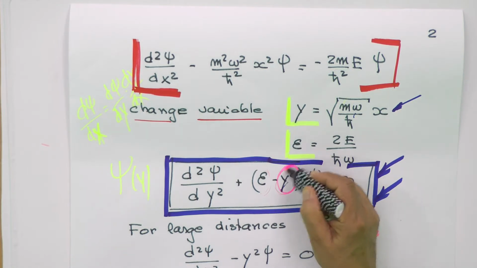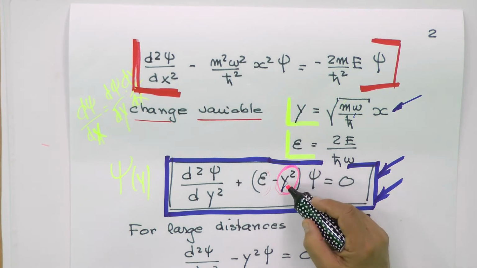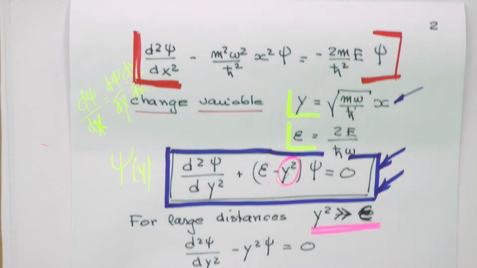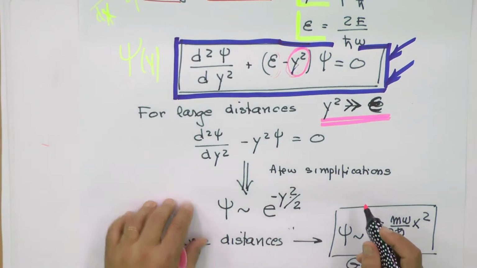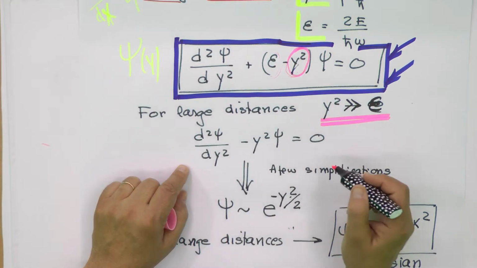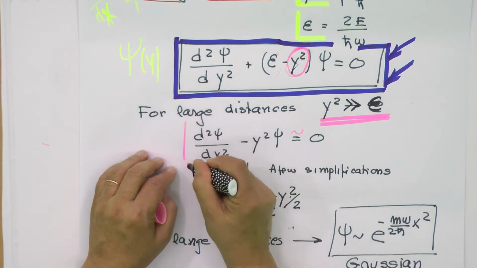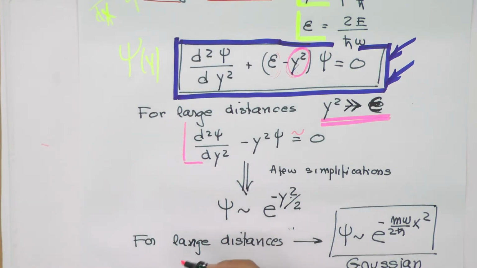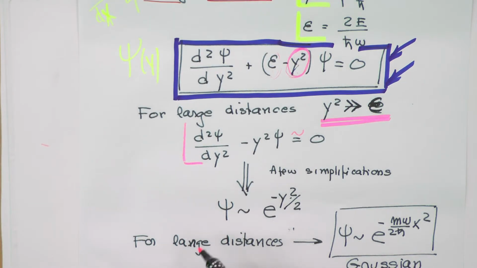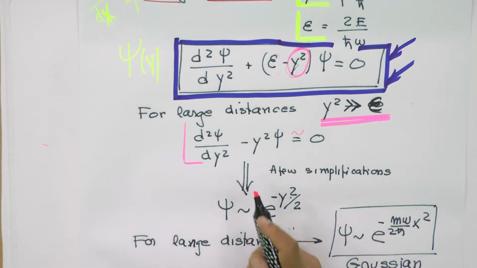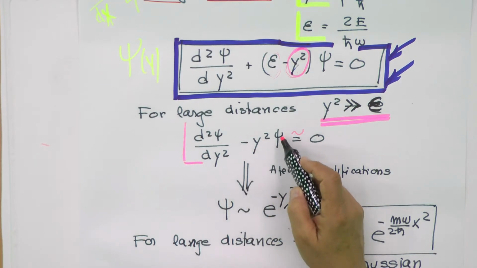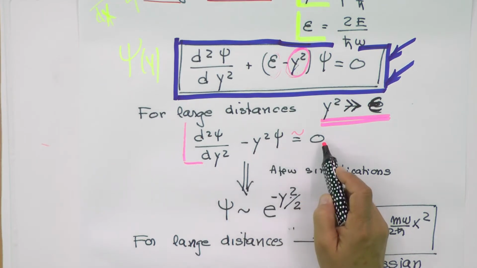So we're going to consider first this case, when this term dominates. When this term dominates, we get as equation the second derivative of psi with y squared minus y squared psi is equal to 0.